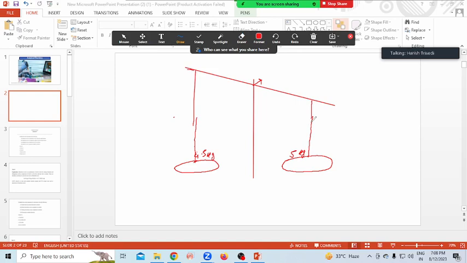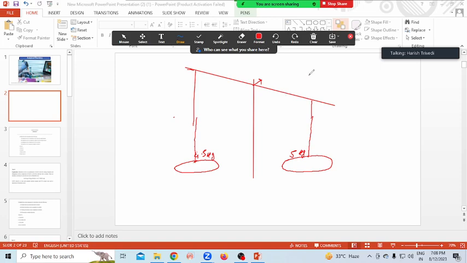What happened is that I just disturbed the equilibrium, but now another equilibrium has been established, where the pan is declined toward the right hand side due to higher weight. So again equilibrium is established.